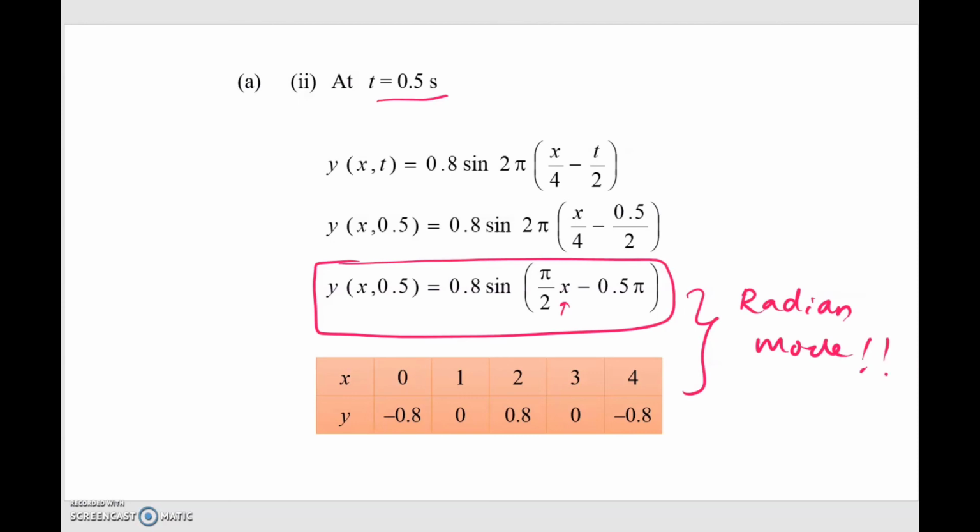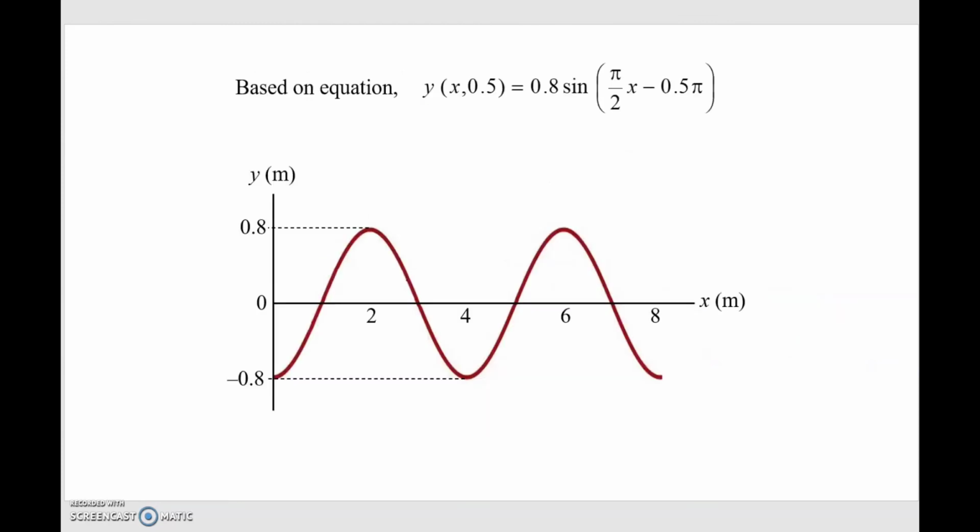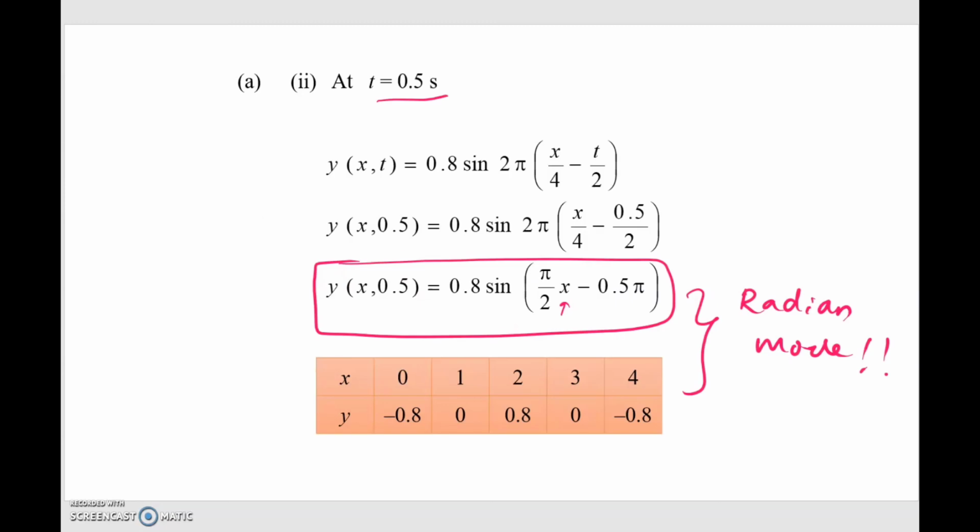Okay, so when you substitute x equal to 1 into this formula, your y shows 0. Okay, so then this is the shape of the graph. The graph will start from negative 0.8, because when x equal to 0, your value is negative 0.8.